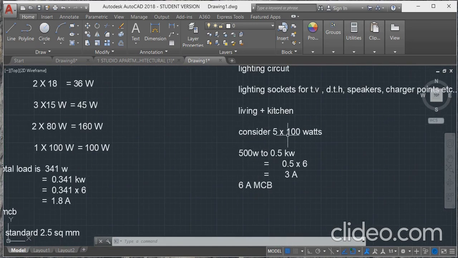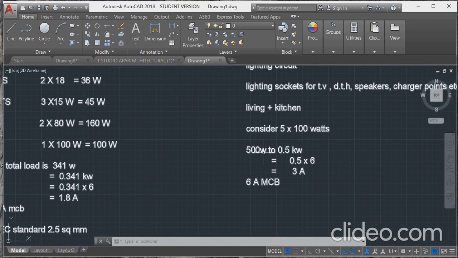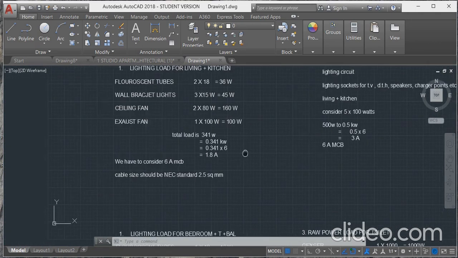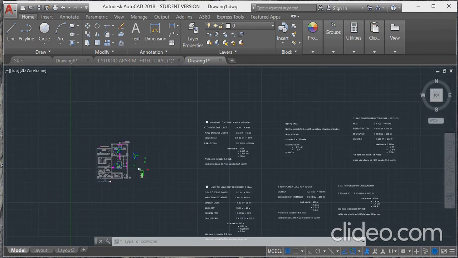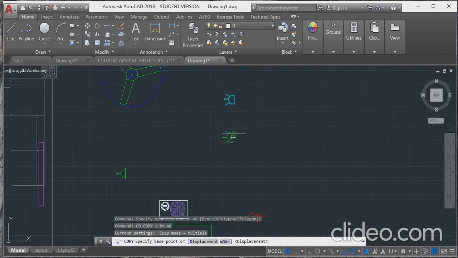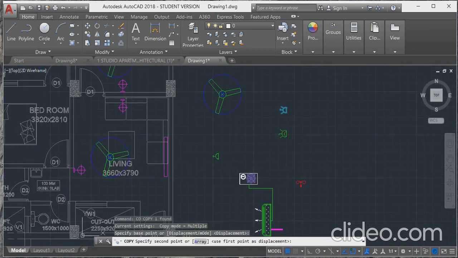Here see, I am considering 6 points. Here TV, DTH, laptop, charger, etc. we are using.